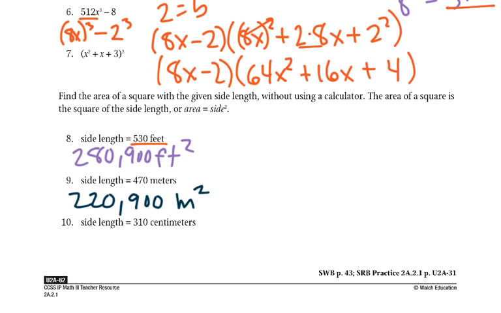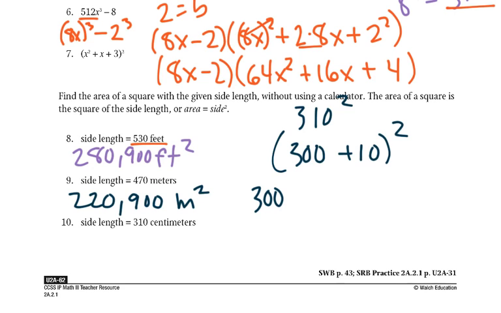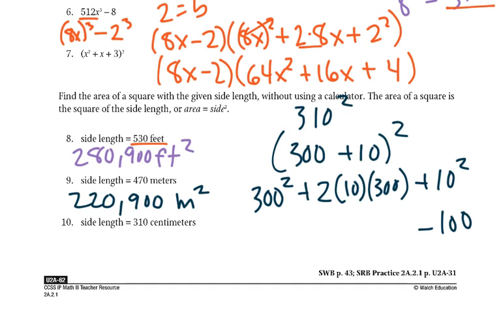Okay, so there's a lot of different things we could do in order to get this to work. So for 310 squared, probably the easiest is 300 plus 10 squared. I think those are the easiest, so then I'd go 300 squared plus 2 times 10 times 300 plus 10 squared. 10 squared is 100.